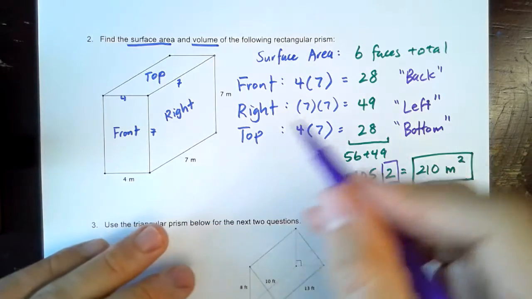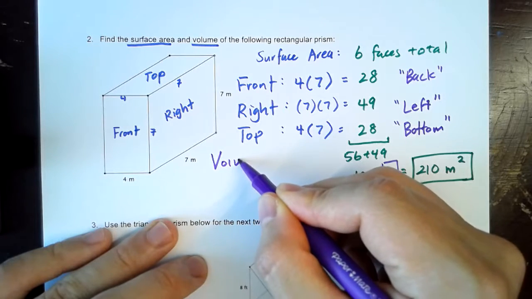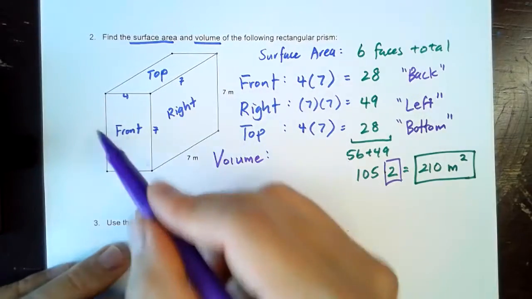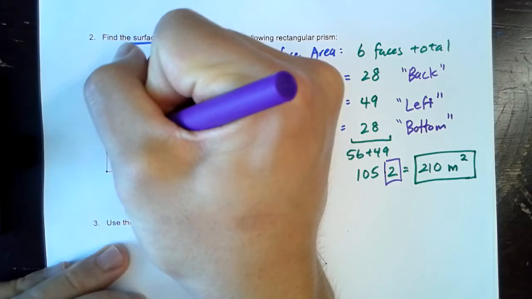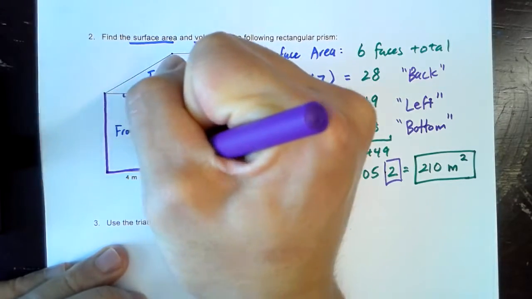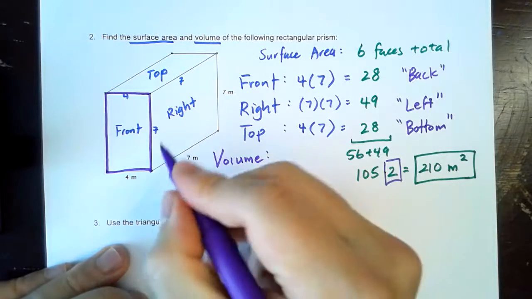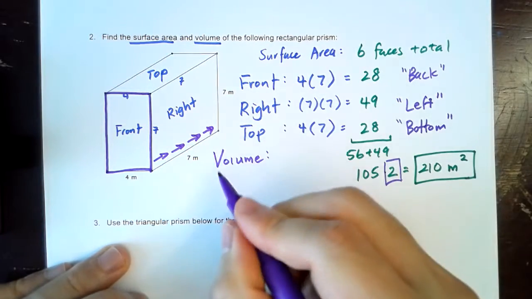Now volume is just such an easier calculation because you're just technically finding the area of this front face, right? You find the area of this front face, which we know is 4 times 7. And once you find the area, you then have to multiply by the depth of the object.